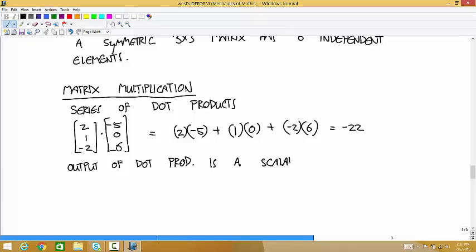And every element of the product of 2 matrices is a dot product.